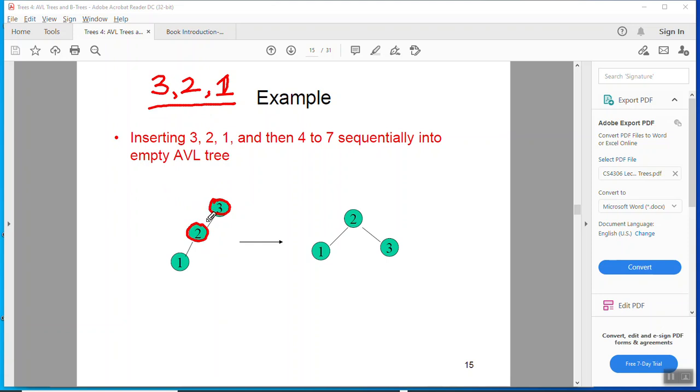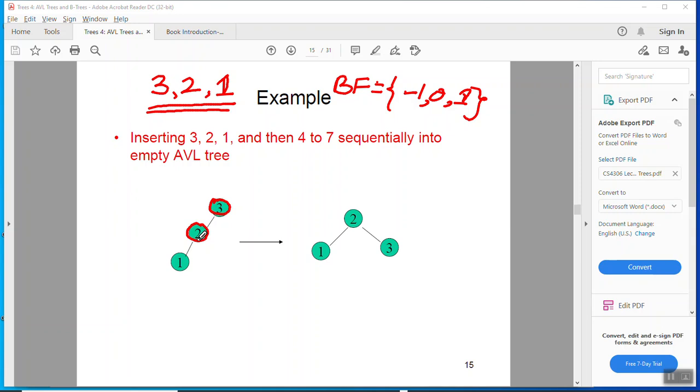Whenever we insert an element we need to check the balance factor. We know the balance factor must be either -1, 0, or 1, nothing else. When we insert 3, the balance factor is 0, no issue.